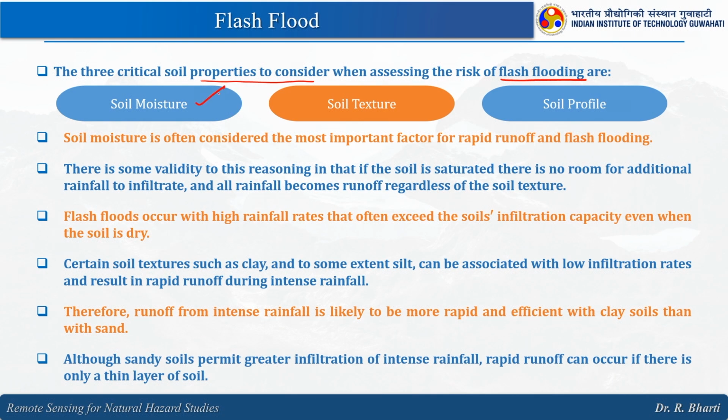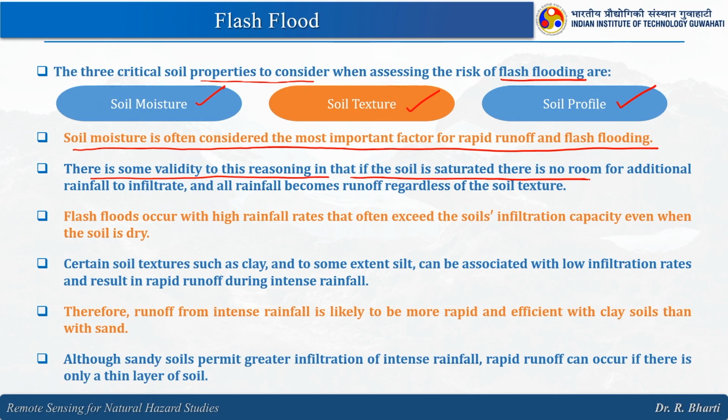There are three critical soil properties which we consider when we analyze flash flooding. The first one is soil moisture, then soil texture, and soil profile, right. Soil moisture is often considered the most important factor for rapid runoff and flash flooding. There is some validity to this reasoning in that if the soil is saturated, there is no room for additional rainfall to infiltrate, right. So if this particular column is already saturated, there is no room for additional water.